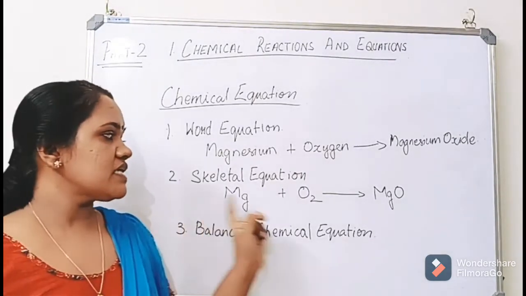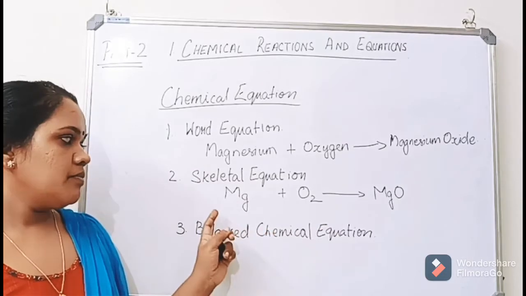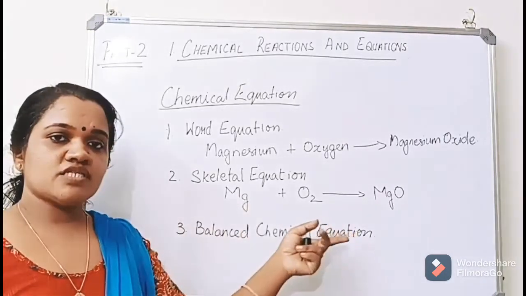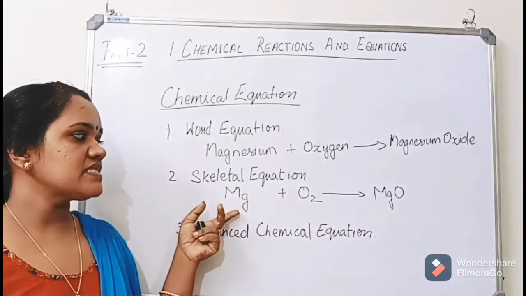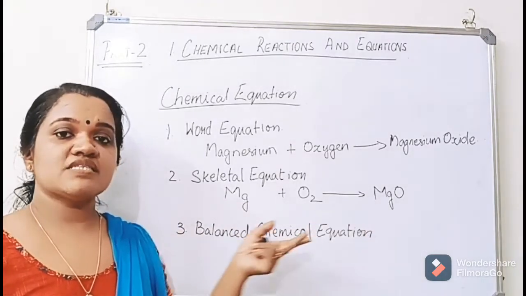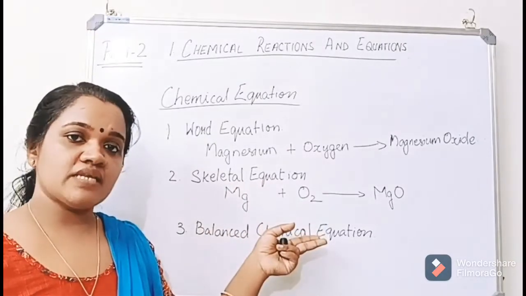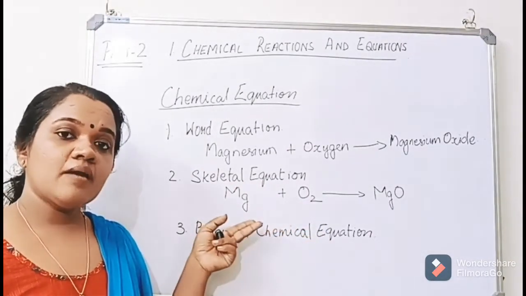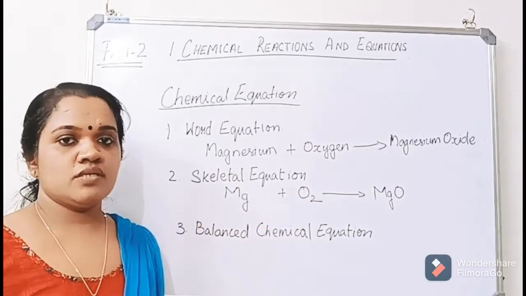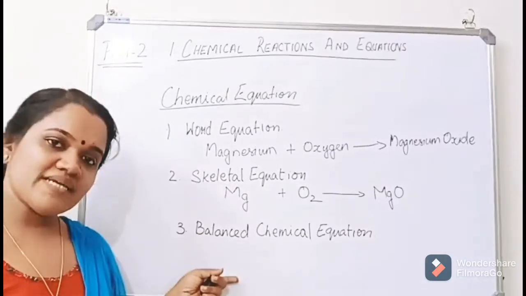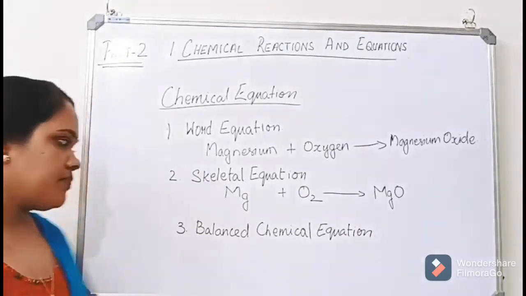Why is it known as a skeletal equation? Because in this equation, the number of atoms on the reactant side and the product side is not balanced. So we can call a skeletal equation an unbalanced chemical equation also. Now, what is a balanced chemical equation? Let us see.